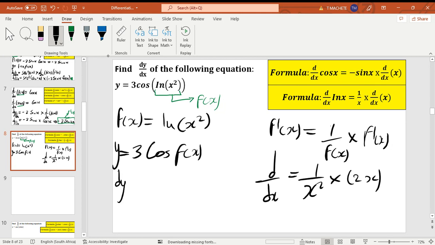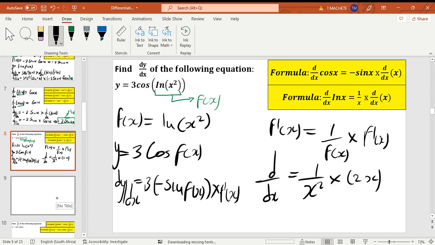And then when you differentiate, you're going to say 3. What is the differentiation of cos? You're going to go and look for differentiation of cos. You'll get negative sine f of x multiplied by f prime. You multiply by f prime, okay?